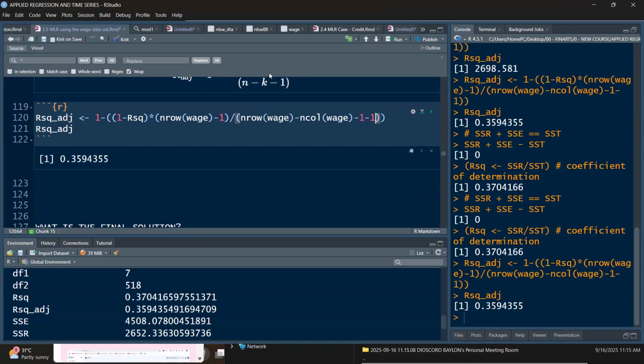I get 35.94. May I know, class, what you're getting for our adjusted R squared? 35.94, thank you, Jerry Lane. How about the others? 35.94. Okay, I'll check why.